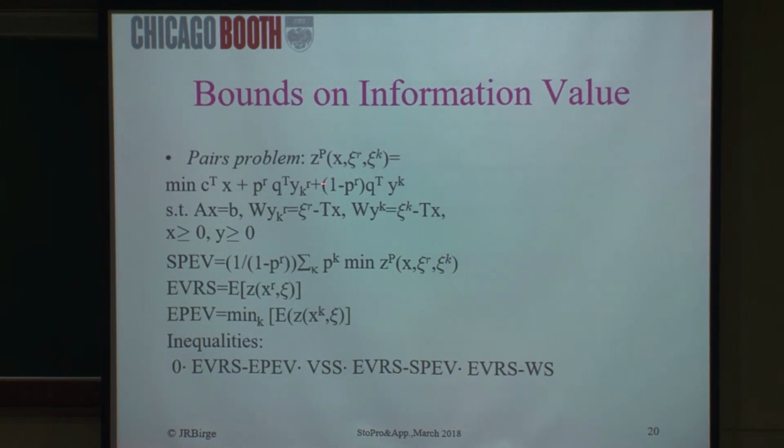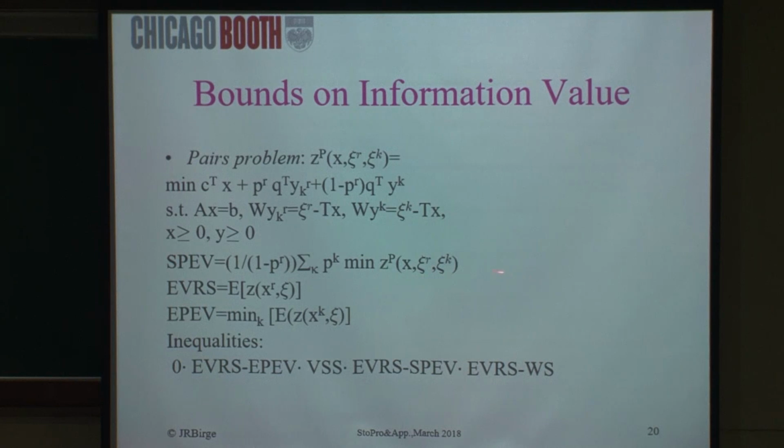I'll solve a model where I take one of those scenarios as a reference scenario and combine it with another scenario. So I'm minimizing the current cost plus a combination of 2 scenarios in the future, one called my reference scenario and one other scenario. And I make sure that each of them meets the future constraints. And again, I have non-negative variables.